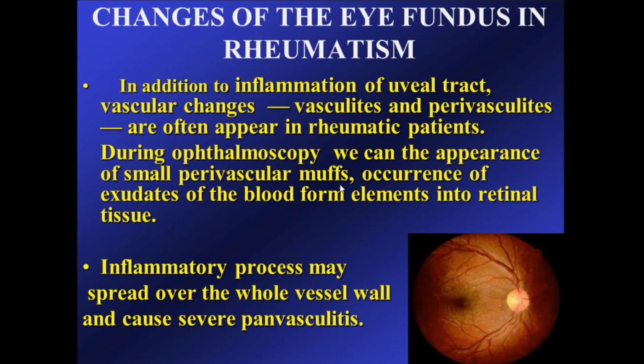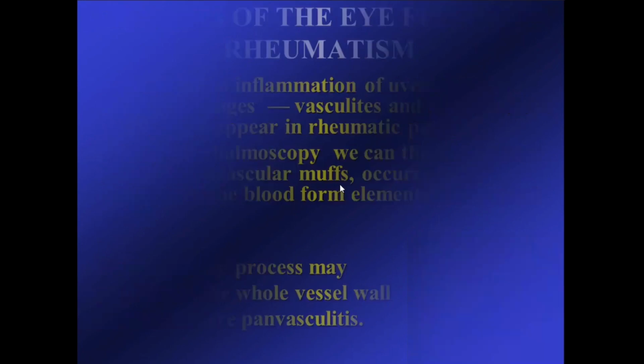During ophthalmoscopy, we can see the appearance of small perivascular cuffs, occurrence of exudates of the blood-formed elements in the retinal tissue. The inflammatory process may spread over the whole vessel and cause severe panvasculitis.